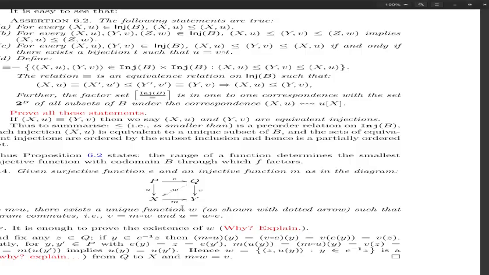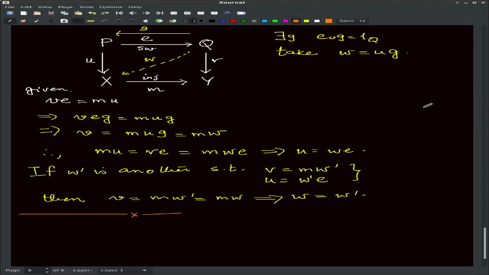Here I am saying take a Z in Q, and I take a member Y from E inverse Z, right? So you have taken a Z in Q and Y in E inverse Z.